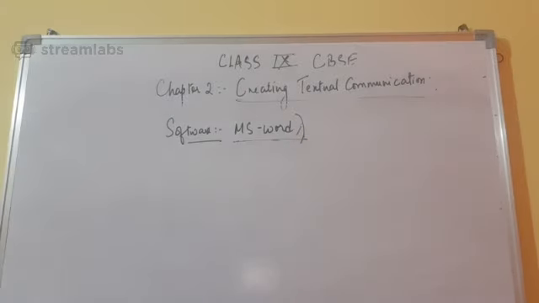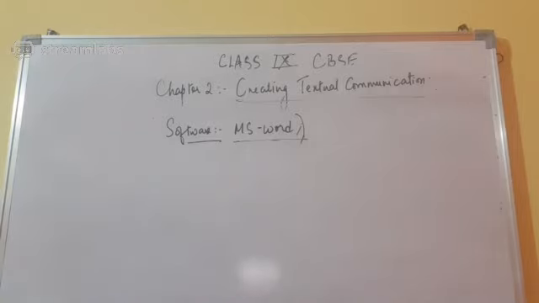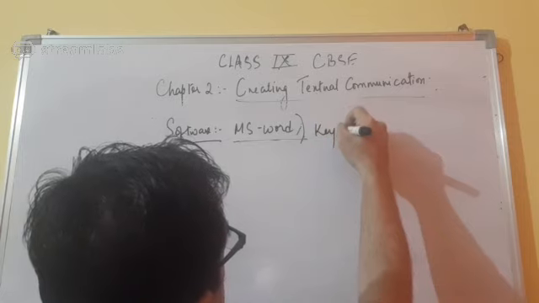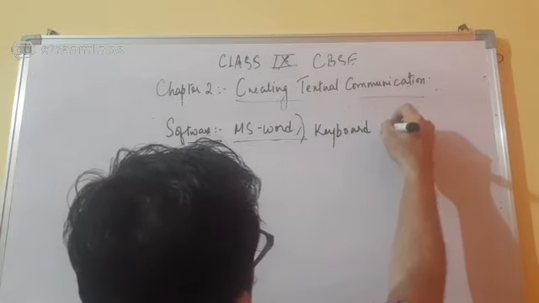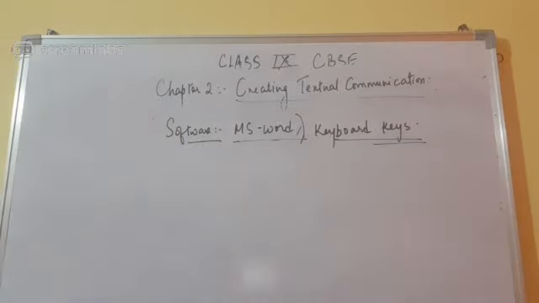This software is specifically meant for writing only, and it will provide you each and every facility. So first, for getting into writing, you must be aware of the keyboard keys that will help you in doing it. The first thing is understanding the keyboard keys, because you'll be transforming everything electronically.